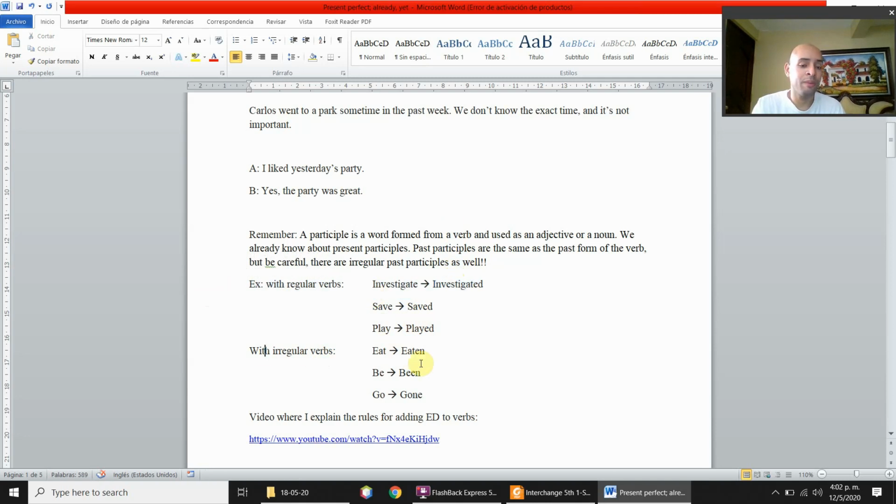But with irregular verbs, it's different. Irregular verbs are different from the simple past form. So with irregular verbs, we have eat, eaten; be, been; go, gone. This is the normal form, and this is the past participle form.